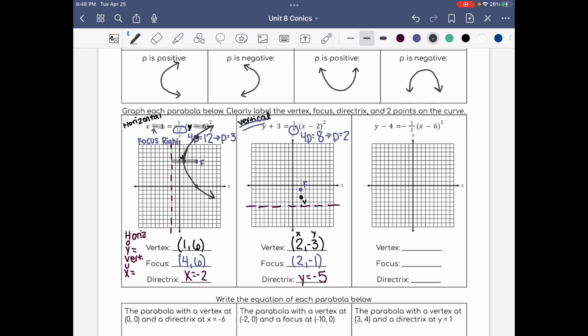Then, since the distance between the directrix and the focus is 4 units, I'm going to move 4 units to the right and to the left to give myself extra points for the curve.